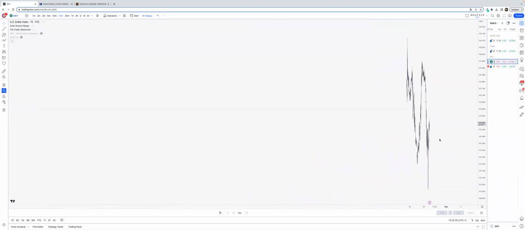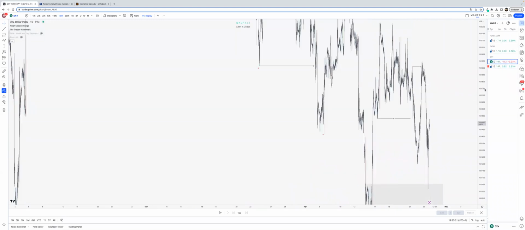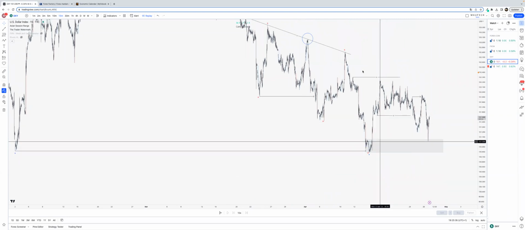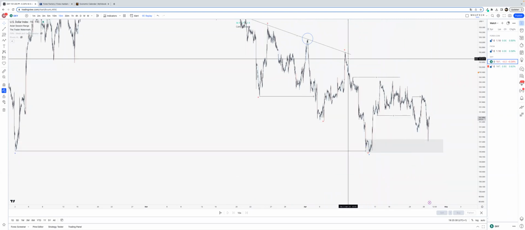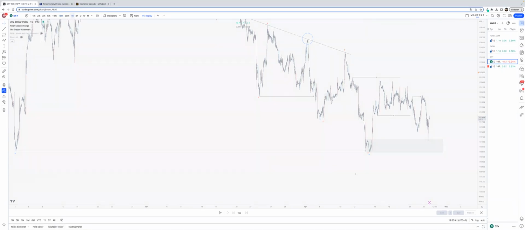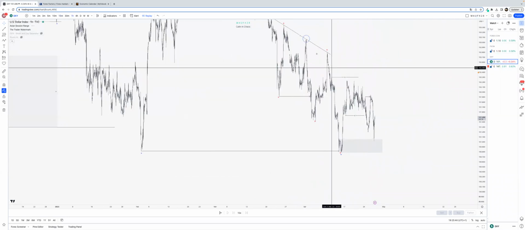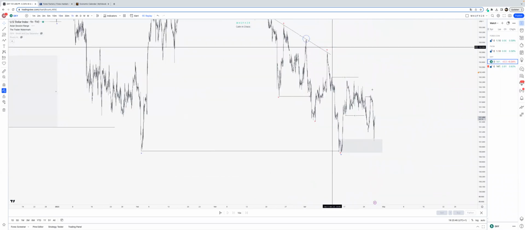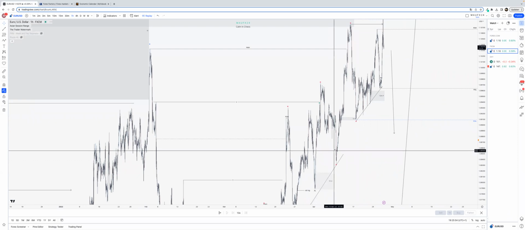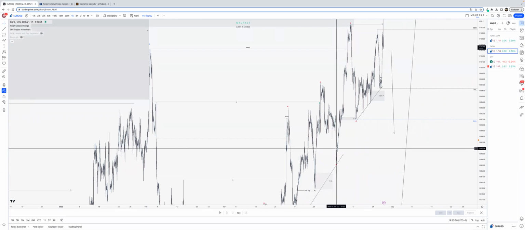So if DXY now pushes up, we don't have a continuation on the red structure on the DXY. Then we go to the 1 hour to see this is the 10th of April. So this low should be the 10th of April, 17th. Yeah. So that should be the 10th. Yeah. All right.